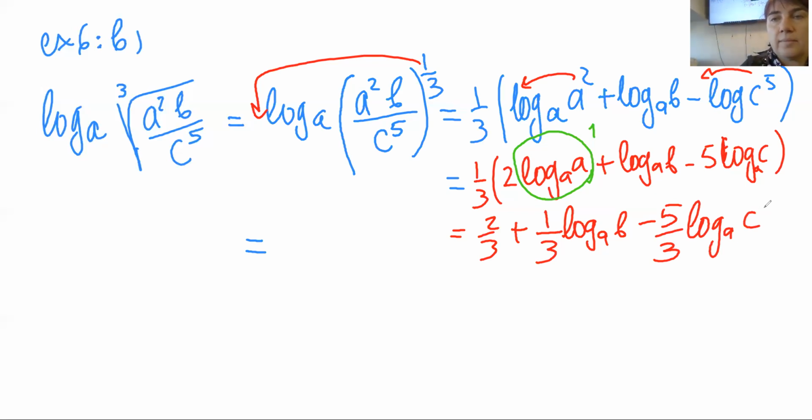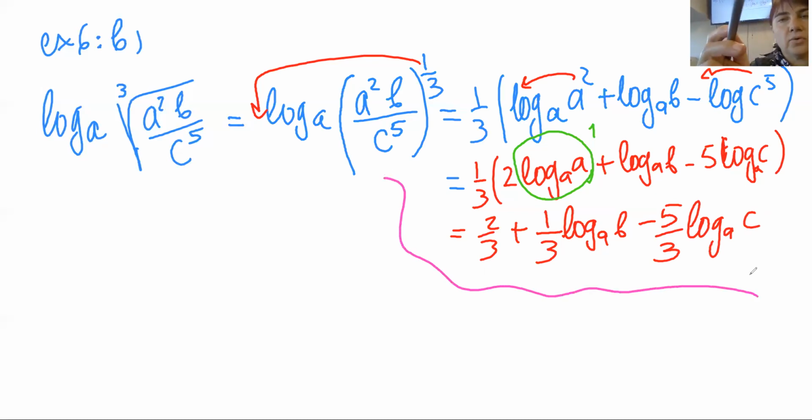The other way, let's do it right here, in pink. So I'm starting from here. The other way would be, instead of taking the 1/3 in front, you can distribute the 1/3 to each one of those little terms inside.